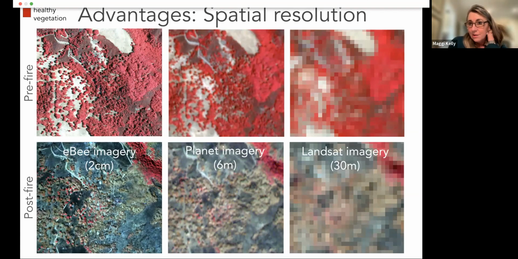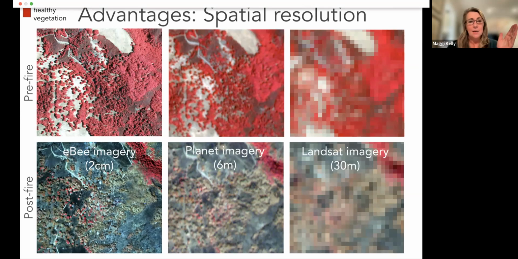A lot of folks are using them, and one of the key advantages of drone imagery is the spatial resolution. Here I've got a pre-fire color infrared panel on the top and a post-fire color infrared panel on the bottom. They both go from high resolution to coarser resolution.